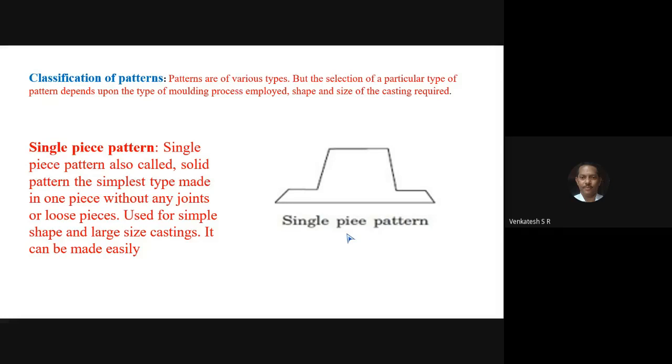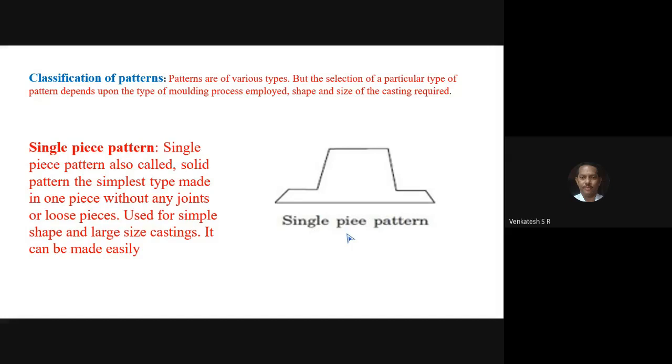The patterns are classified according to many factors, that is the shape, size, number of castings required, and the type of casting process, whether it is sand molding or permanent molding or investment casting or any type of casting required.